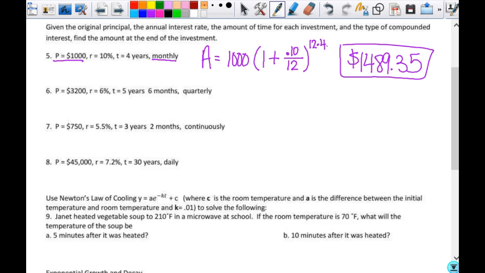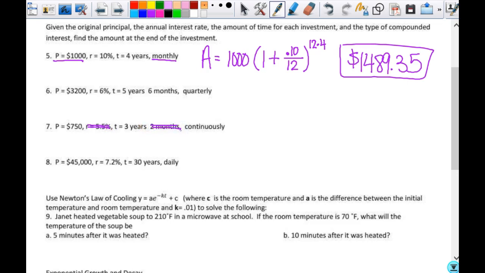We did that one just so that you got the feel for it, because there aren't any more where we're just going to plug in the numbers and get an answer. So I'm going to change number 7 just a little bit. On number 7, I want you to mark out the rate and the 2 months.